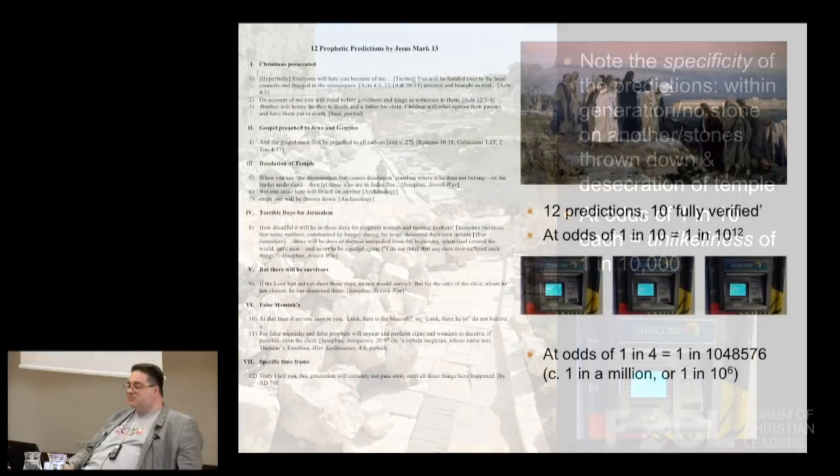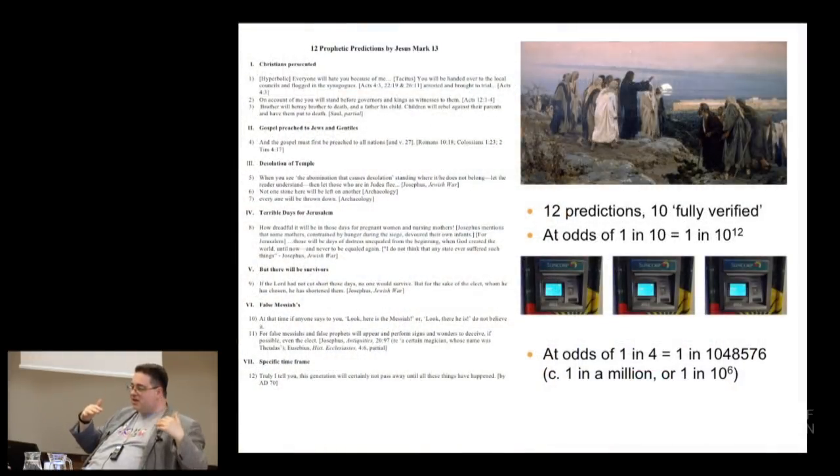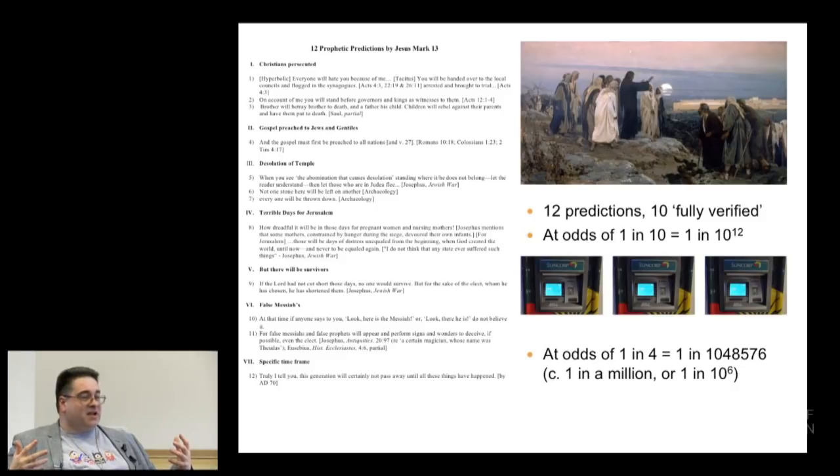But indeed, there's more. If you go through what Jesus says in Mark 13, there are 12 specific predictions that Jesus makes in Mark 13 that are verified as having happened, fully verified.